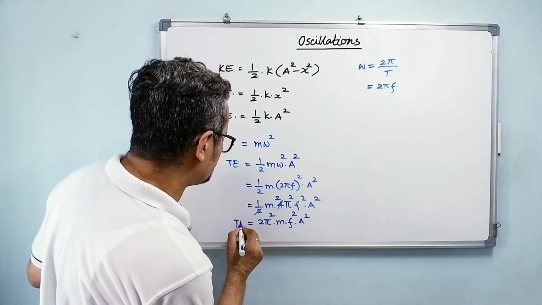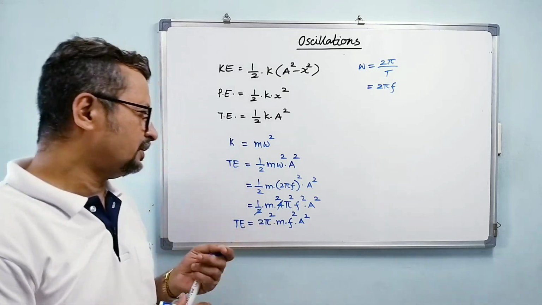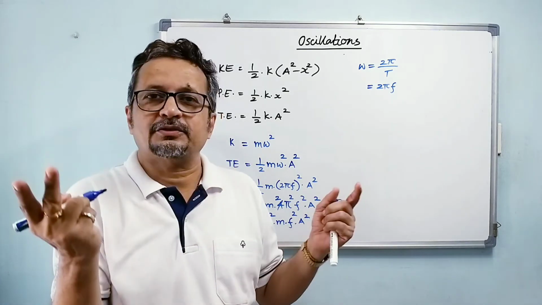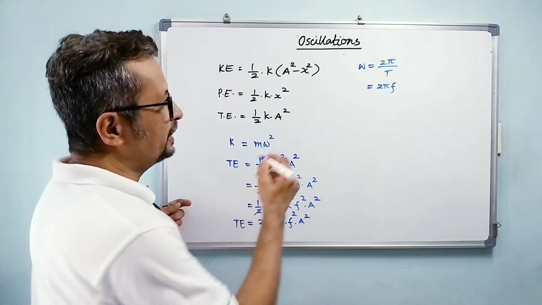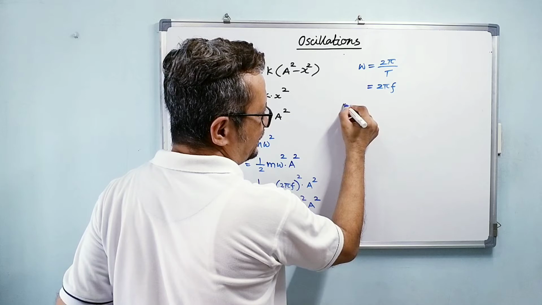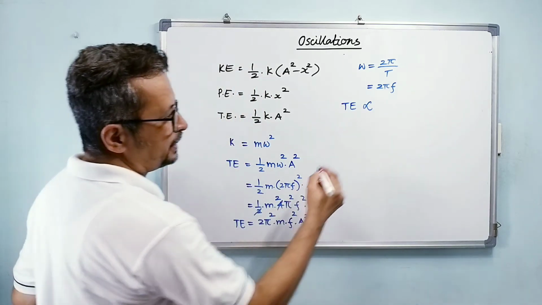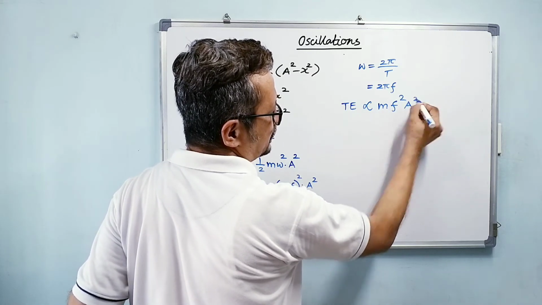This is the total energy. Now here, 2 is a constant and pi square is a constant, correct? So they are just numbers. Then what I can say here is total energy is proportional to M F square A square.